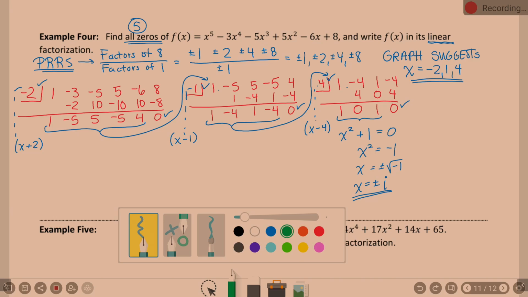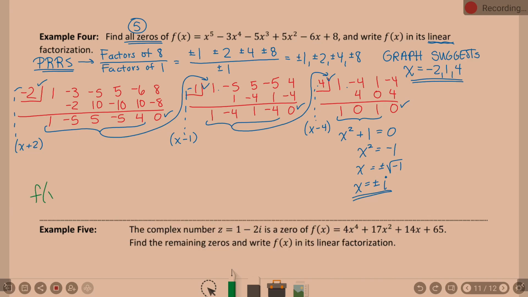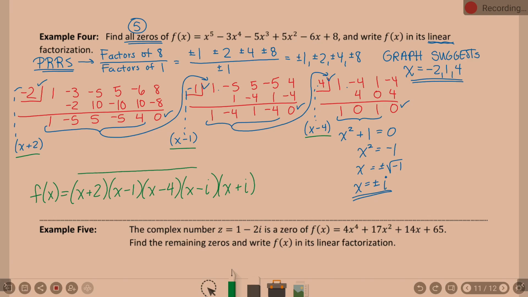So I'm going to start f of x. -2 was a 0, which gave me x plus 2. 1 was a 0, which gave me x minus 1. 4 was a 0, which gave me x minus 4. i is a 0, which gives me x minus i. Negative i is a 0, which gives me x plus i. There is your linear factorization.